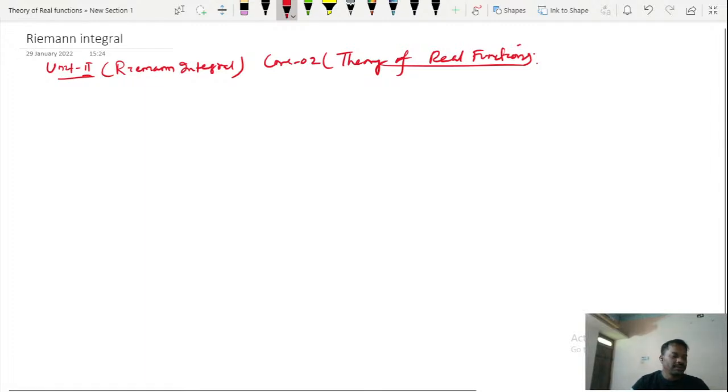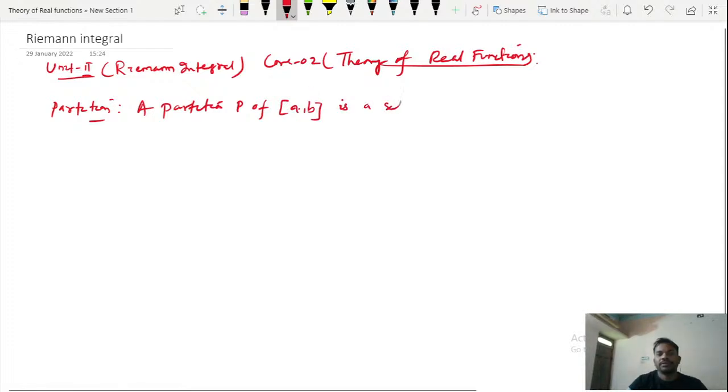So we already studied in our last class what is partition. So what do we mean by partition? A partition P of closed [a, b] is a set of points, that is P equals x0, which is your first point a, then x1, x2, like this.